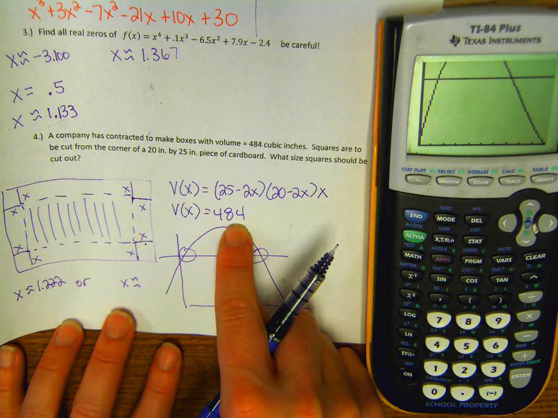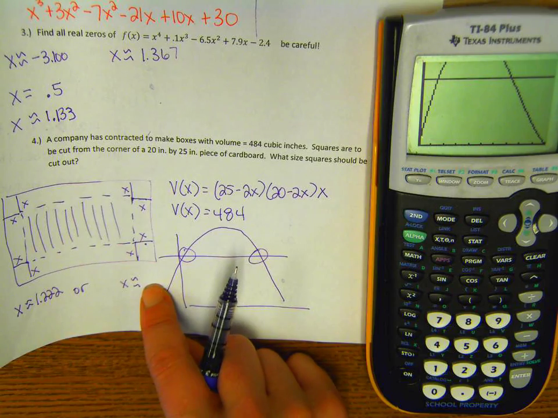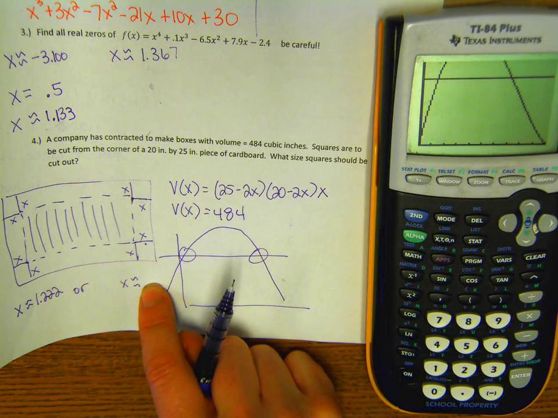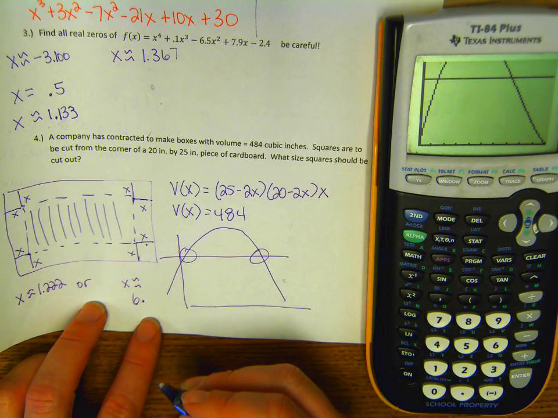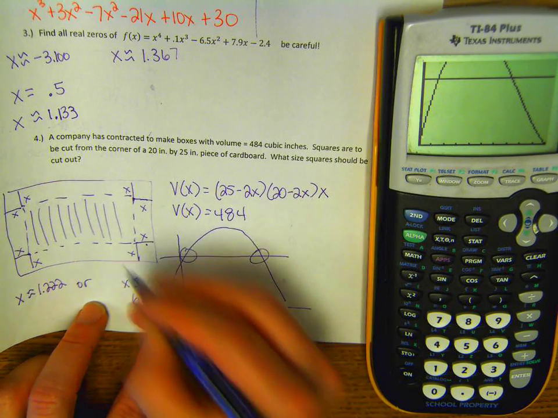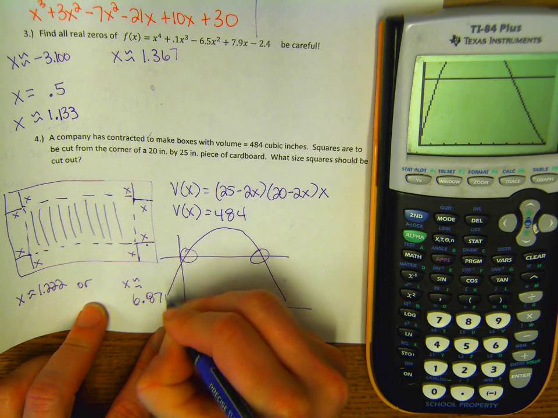No? Okay. How about over here? I think it was 6 point something if I remember correctly. 871? We're going to put some labels on that.